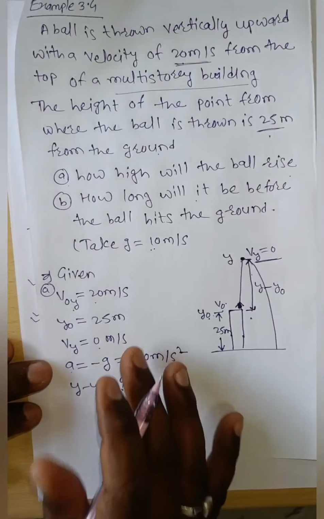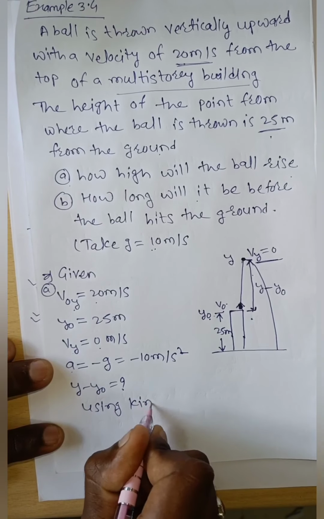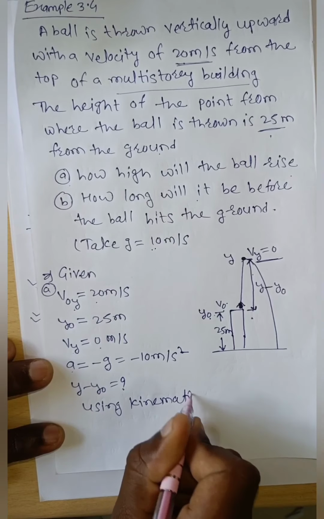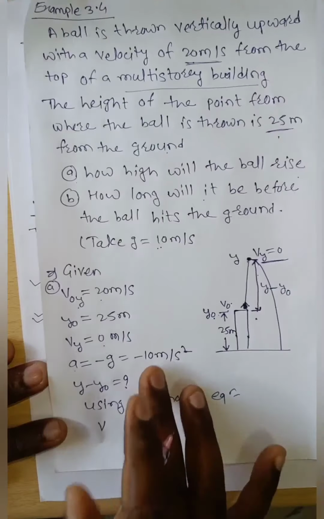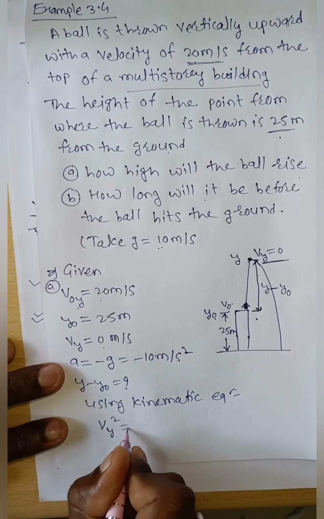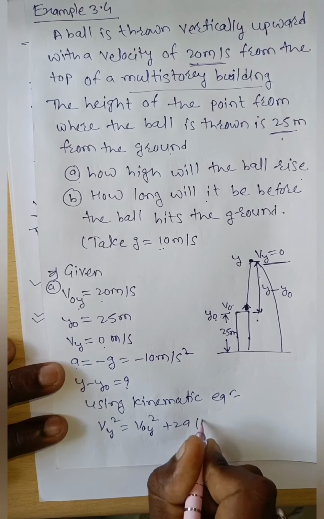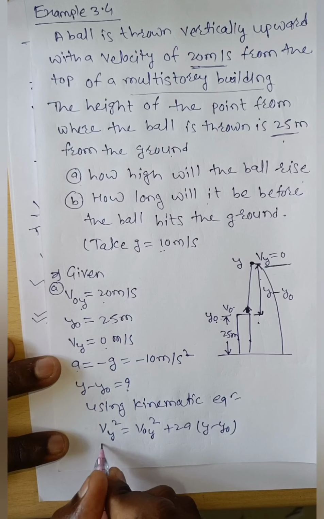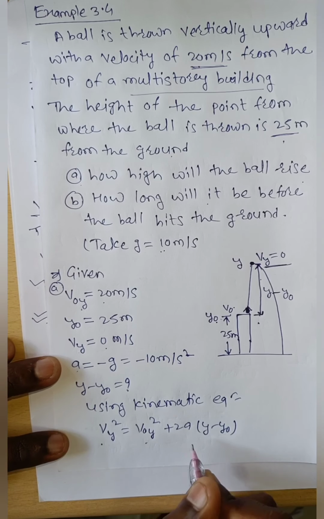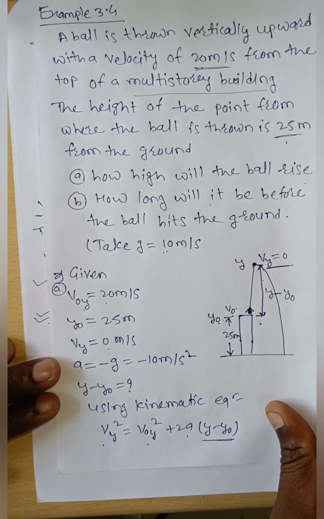Using the kinematic equation vy squared is equal to v naught y squared plus 2a times y minus y naught. Now put down the values, vy squared, v naught y squared and the a value, then we can easily find y minus y naught.